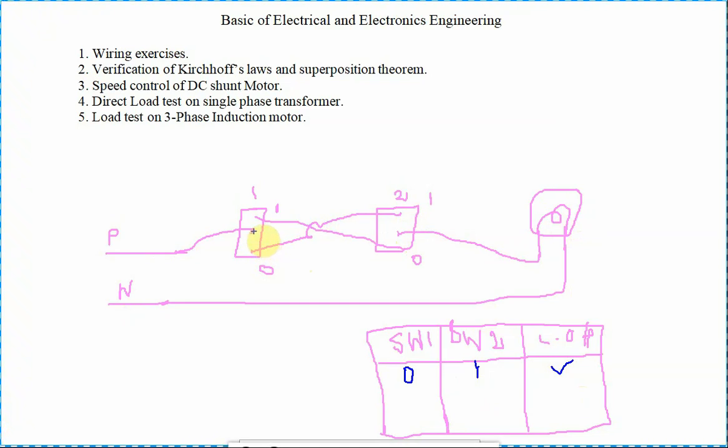Then you interchange. Switch number 1 is in 1 position, and switch number 2 is in 0 position. What about the output? From here the 1 position goes to 1, coming to here, and from 0 it moves here, and then it will glow. Now both switches are in 1 position.